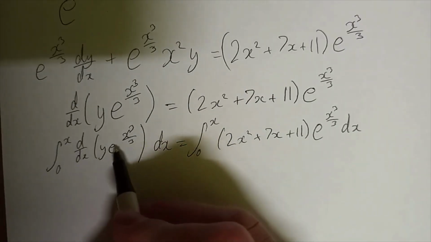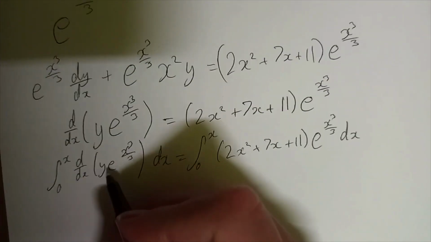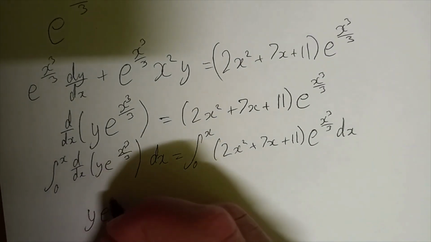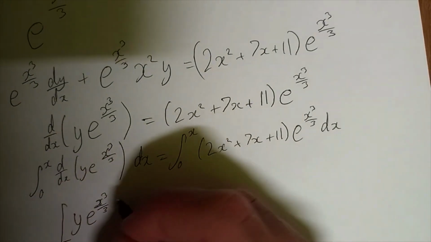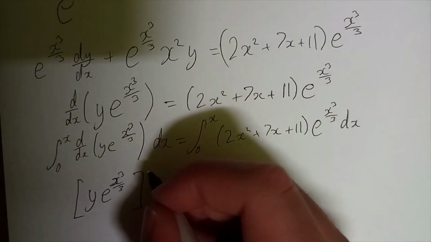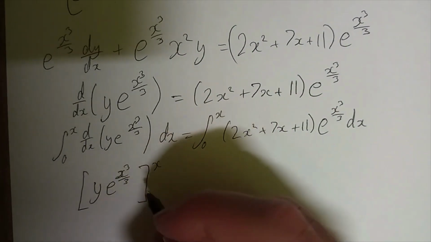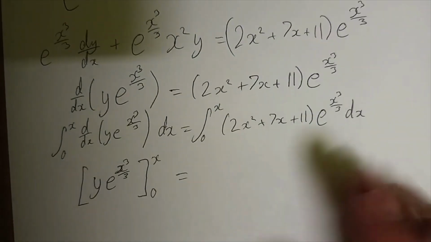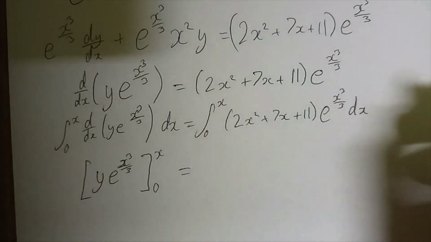So in other words, y times e to the power x cubed over 3, evaluated at x minus the same thing evaluated at 0. And then we also have to solve this integral as well, which can be solved using integration by parts.